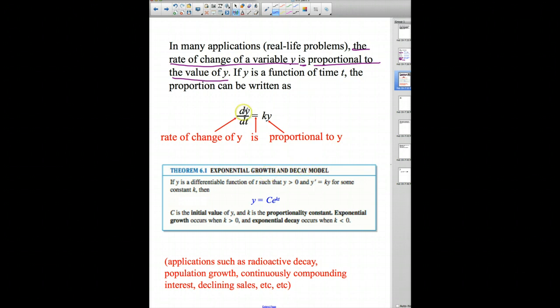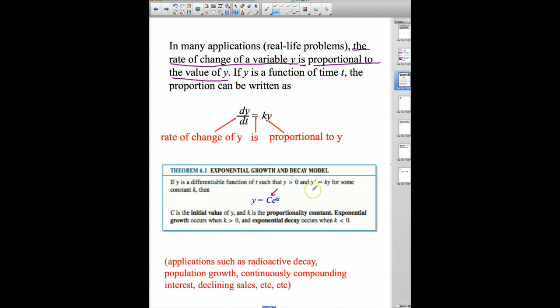So if you start with this and you separate the variables, because this is a differential equation, you separate the variables, integrate, solve for y if possible, you end up with y equals c, some big constant, times e to the kt. C is the initial value of whatever y represents.